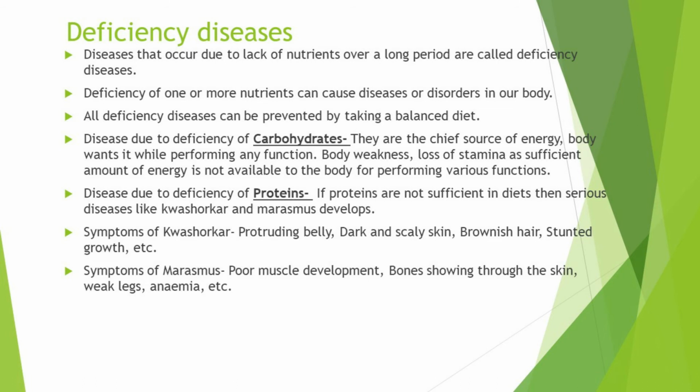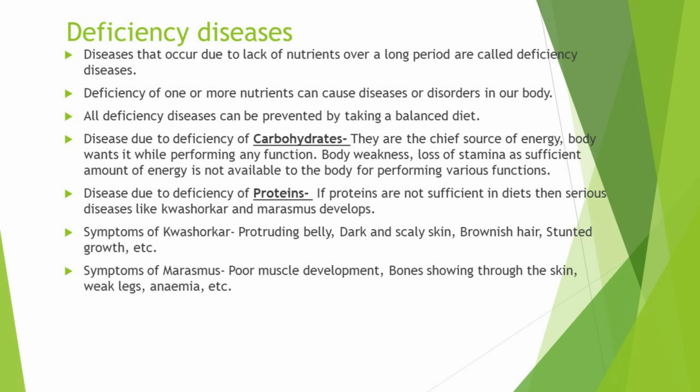Now, the disease due to deficiency of carbohydrates. Carbohydrate is the chief source of energy. The body wants it while performing any function. The body becomes very lean and thin and so weak that the child may not be able to move if the proper amount of carbohydrates is not there in the food.